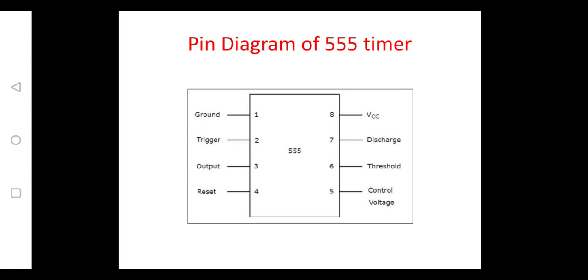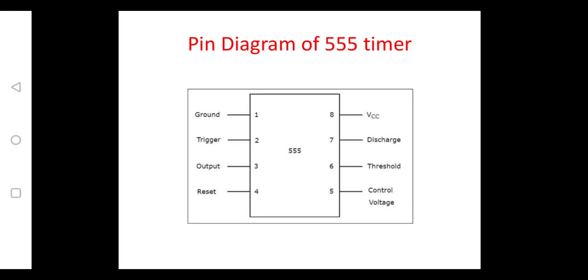What is the meaning of a trigger and where do we use it? If the output of the timer depends upon an external voltage, then we take this pin number 2 into consideration.